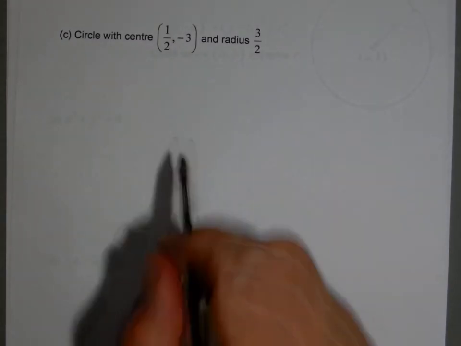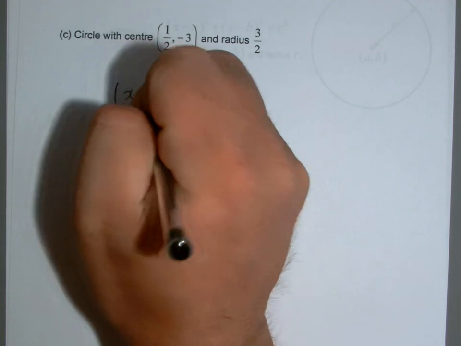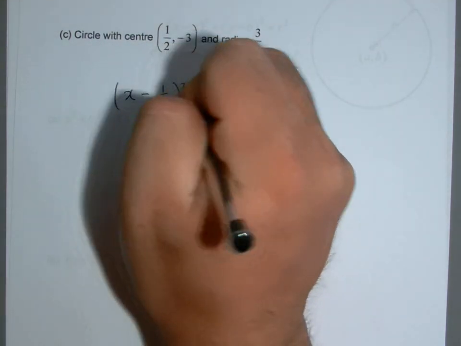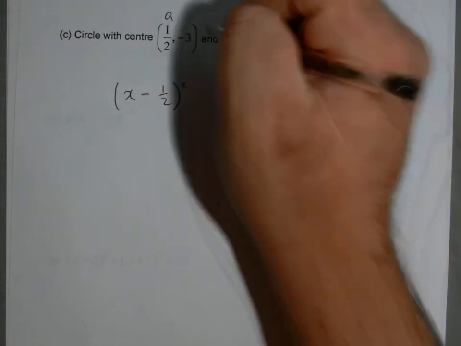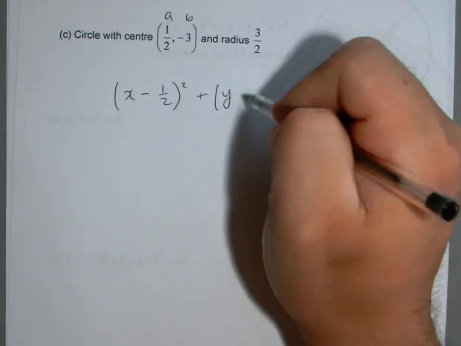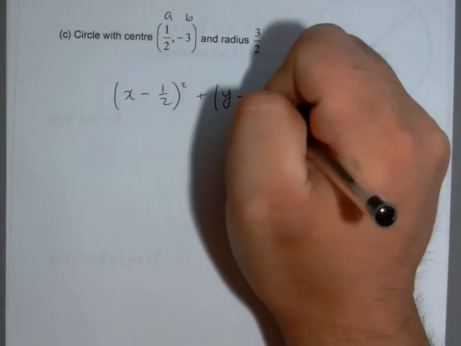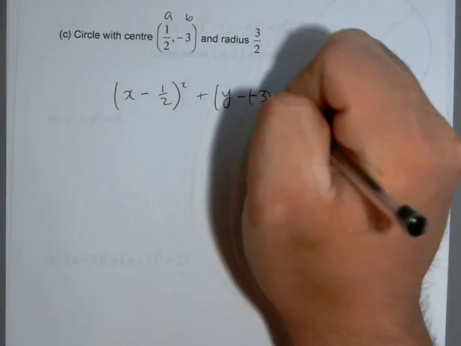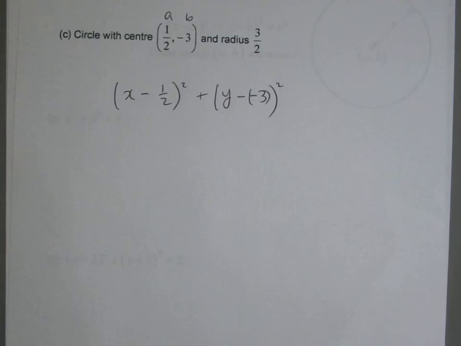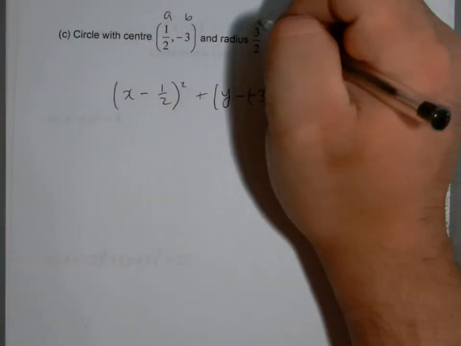So circle then with centre (1/2, minus 3), radius 3 over 2. So (x take away a half) all squared, there's my a, and there's my b. Plus then (y, now be careful here, take away, my b is negative 3) all squared, so we're going to have two negatives in there, which obviously will make a positive, equals r squared.